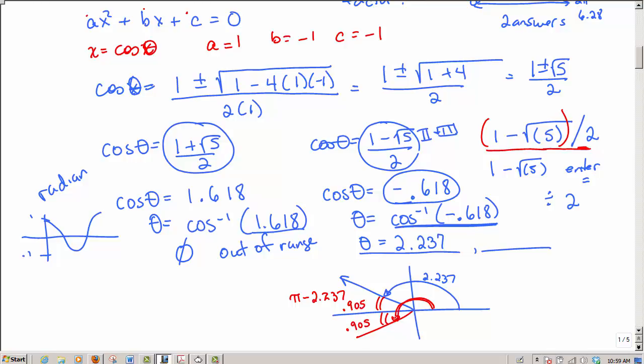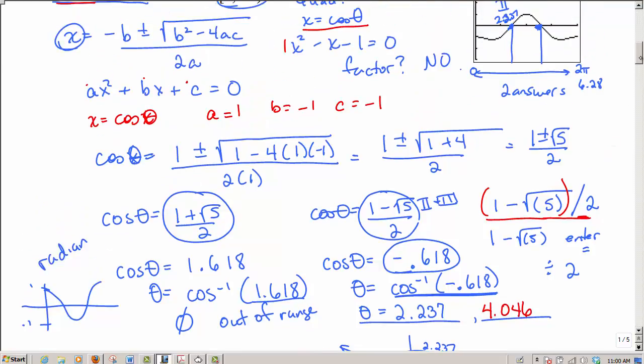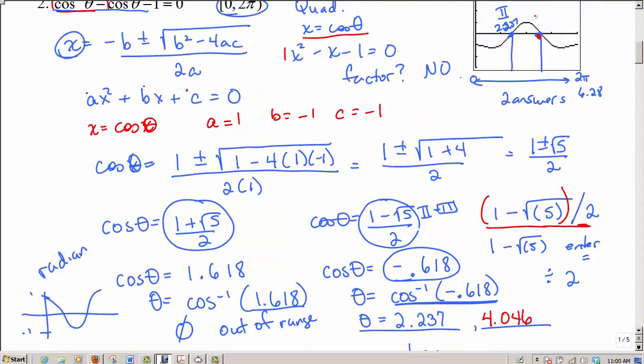So how can I get it all the way around? I'm going to add pi to this, because pi is the same as like 180 degrees, but you're in radians. And so that gives you about 4.046. So we go back to this graph. So this is in quadrant 3, about 4.046.